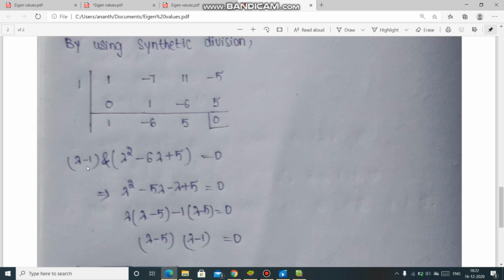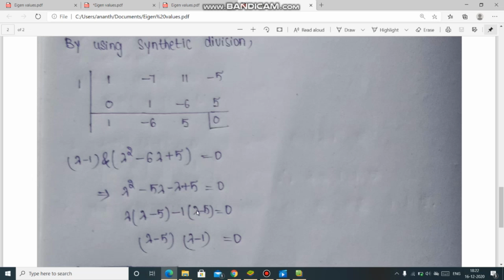Already we have lambda minus 1 as a factor of the cubic equation, and lambda square minus 6 lambda plus 5 is equal to 0. So we have to find the roots of this equation. We get lambda square minus 5 lambda minus lambda plus 5 is equal to 0. Here we take lambda as common, that is lambda into lambda minus 5 minus 1 into lambda minus 5 is equal to 0.